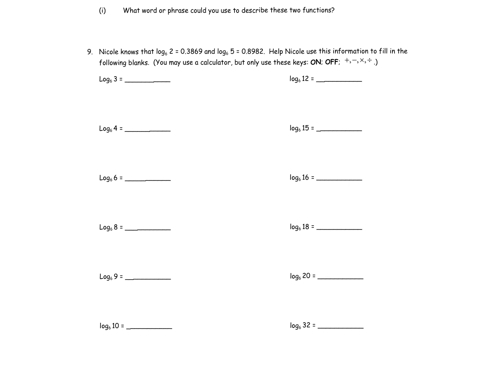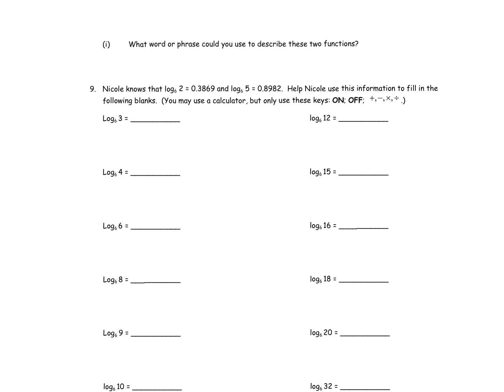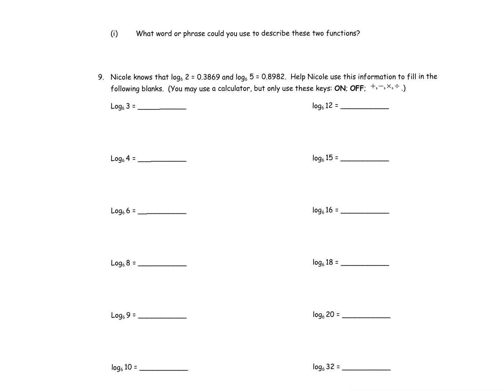So let's look first at our given information. So Nicole knows that log base 6 of 2 is 0.3869 and log base 6 of 5 is 0.8982. Knowing that information, we can rewrite it in exponential form.